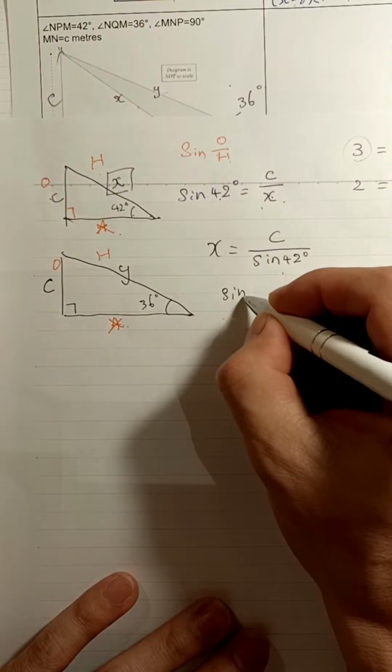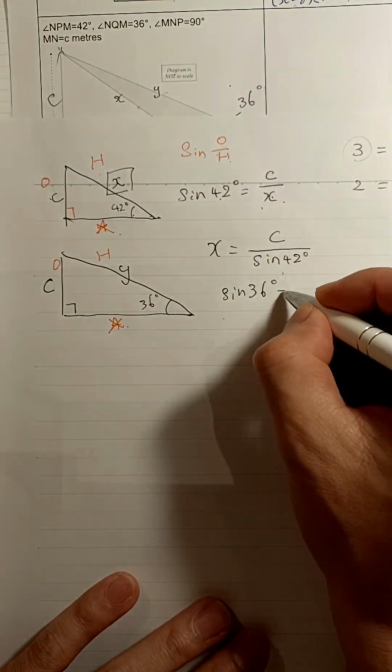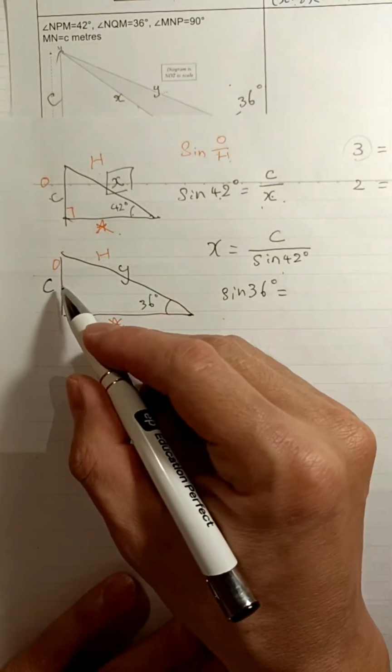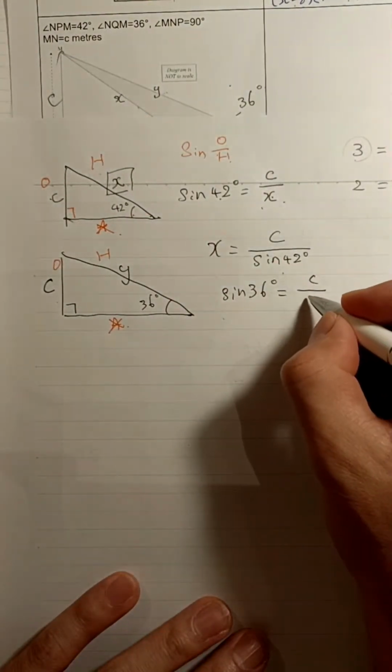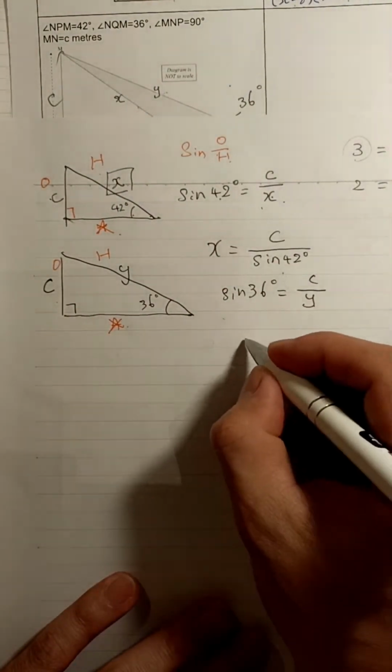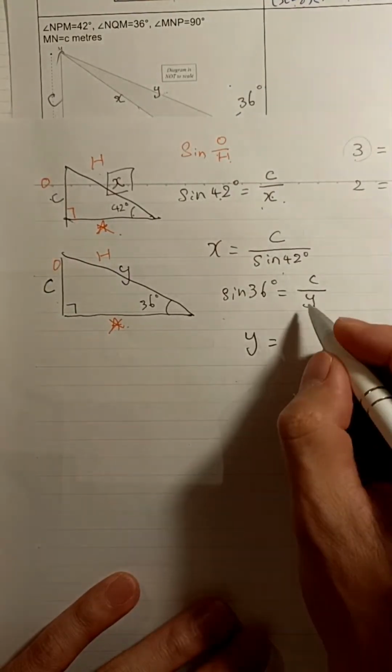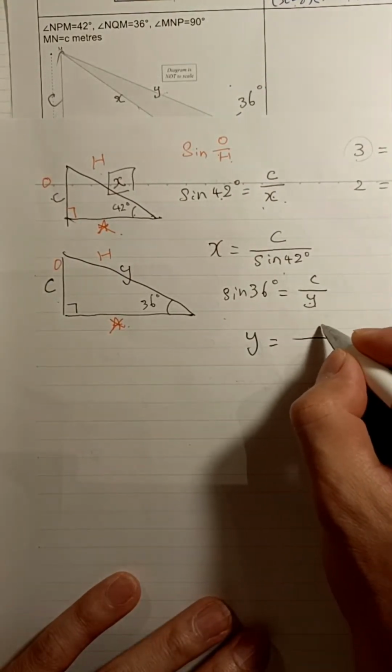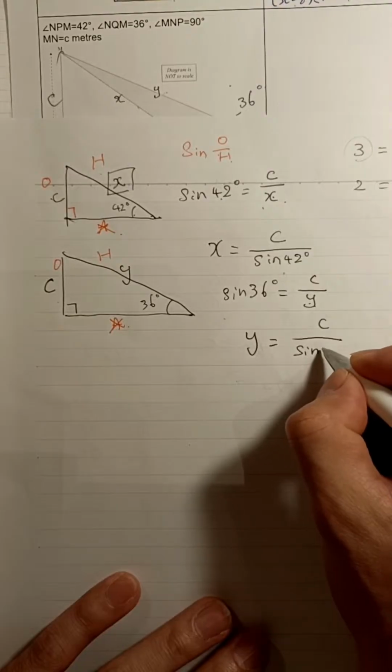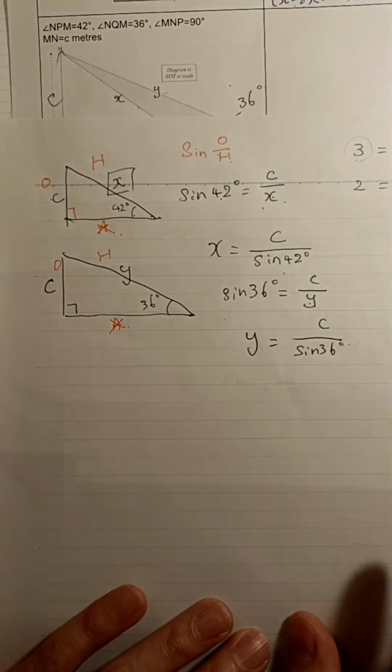So sine 36 degrees is C over Y. Again, we want to know the Y value, so we swap again: C over sine 36 degrees.